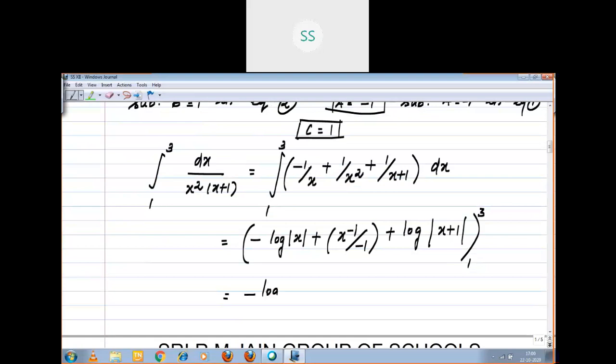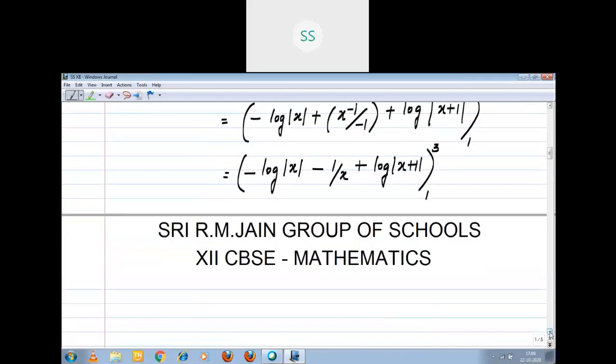Now minus log of modulus x minus 1 by x plus log of modulus x plus 1. See here, it is equal to log of modulus x plus 1 divided by x.